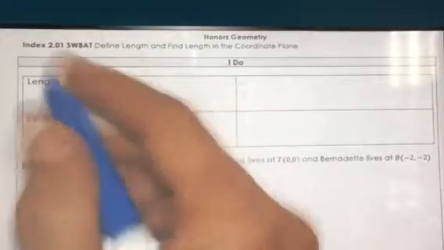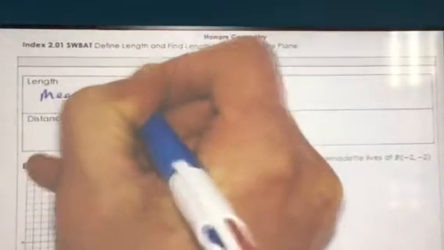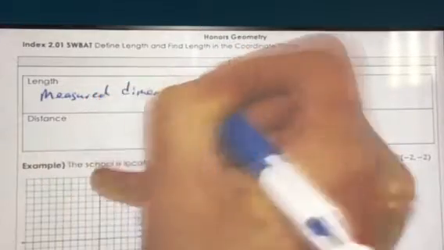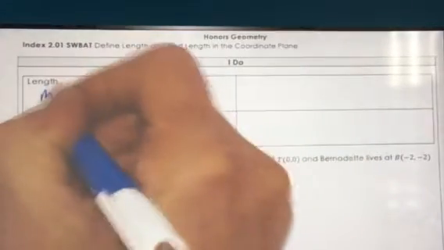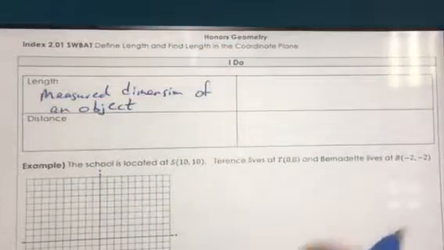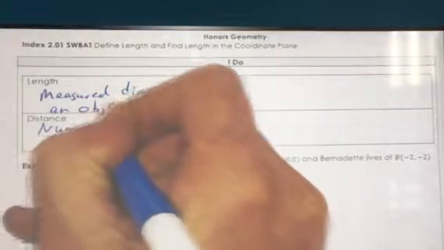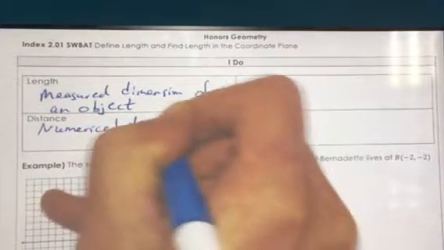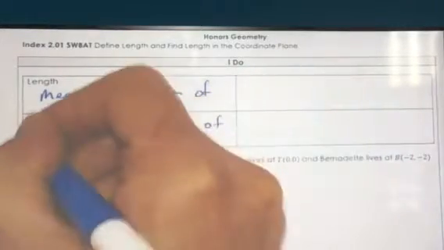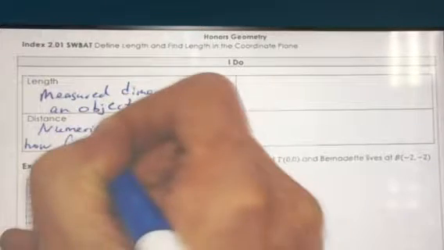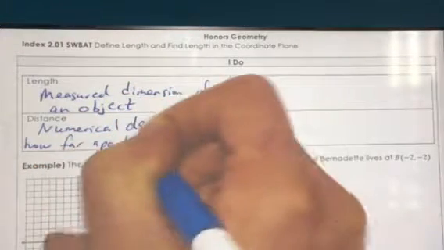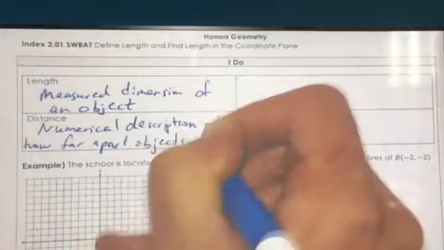So length is the measured dimension of an object. Distance is the numerical description of how far apart objects are.